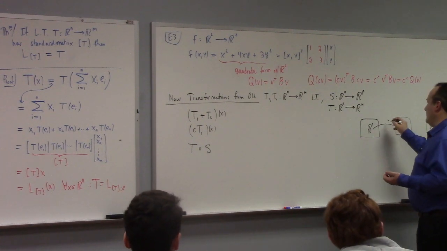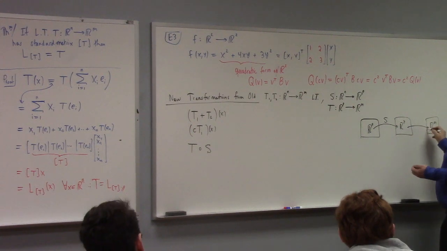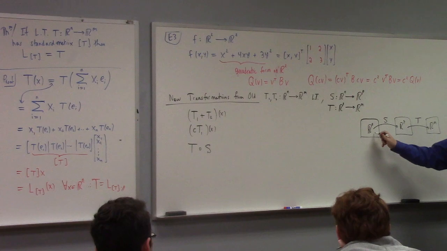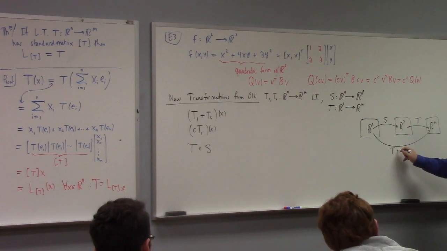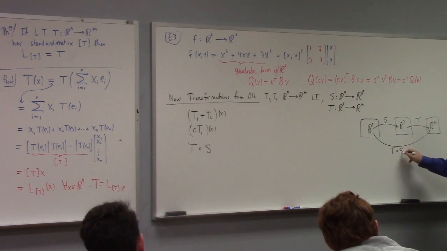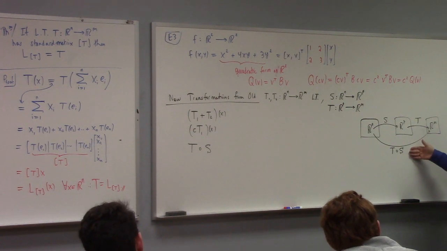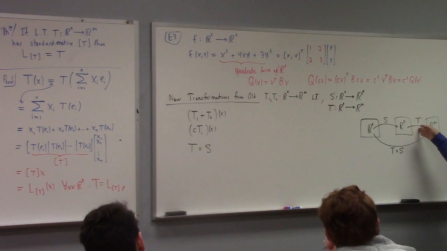The linear transformation S goes from Rn to Rp. The linear transformation T goes from Rp to Rm. So going straight from Rn to Rm is T composed with S. The way composition works, the last shall be first and the first shall be last. T here comes last in the way this works.